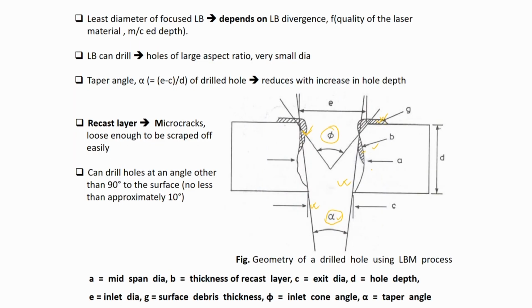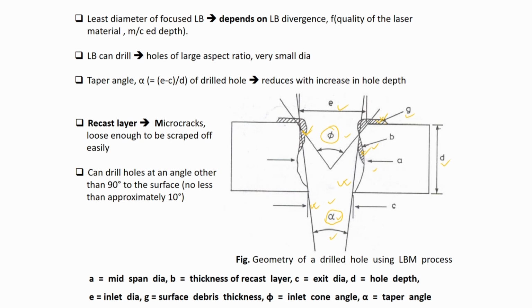So A is the mid span diameter, B is the thickness of the recast layer, C is the exit diameter, D is the hole depth, E is the inlet diameter, G is the surface debris thickness, phi is the inlet cone angle, and alpha is the taper angle.